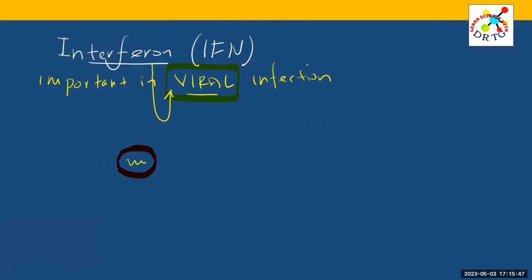This nucleic acid could be RNA or maybe DNA. They don't have both. They have only RNA, if not, they have DNA. So this is a nucleic acid and this is a protein coat.